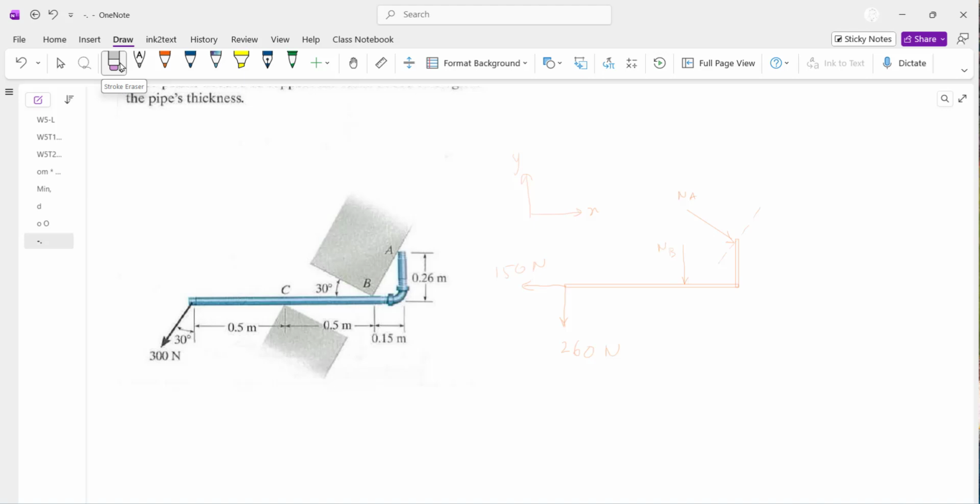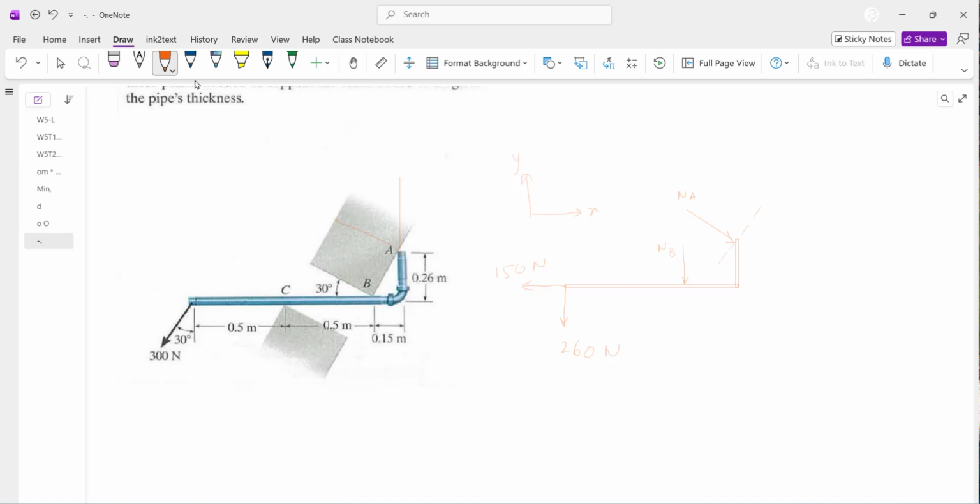How do I break NA into components? So NA, you have to do a bit of trigonometry. If I draw a vertical line here, this vertical line is normal to here, right?